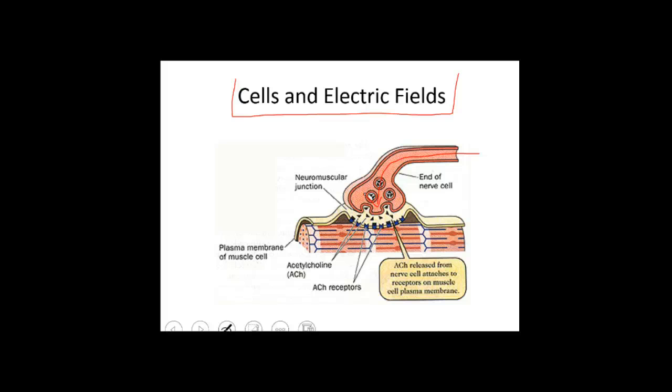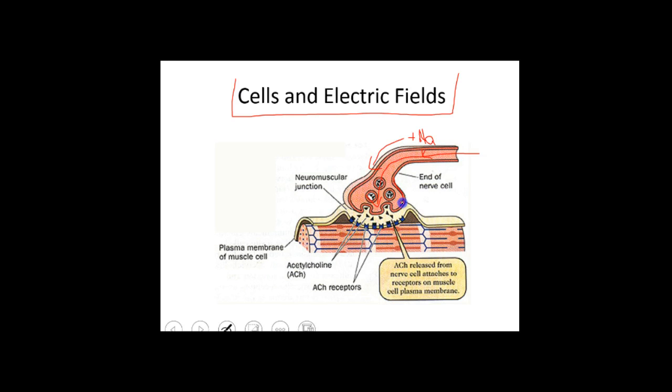What your nerve cells will do is pump sodium and potassium into and out of the cell to create an electric potential and then an electric field across that. What that does is allow your cell to send that electric signal on.